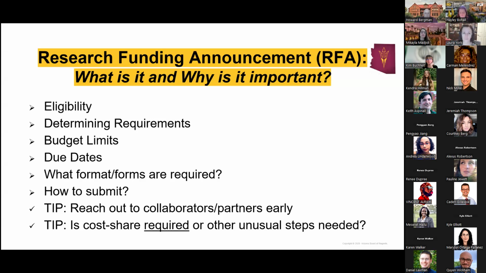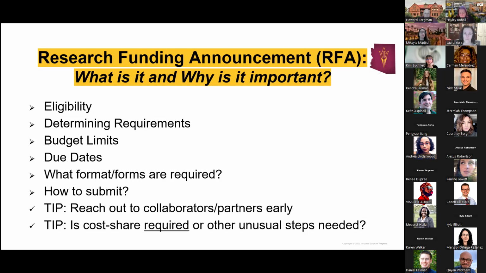So as you can see from our slide, a bit of the most important information you'll find on the RFA is regarding eligibility. Determining eligibility at the get-go is probably the most important part. So are we eligible as an institution? Does the proposed PI meet any eligibility criteria for who can serve as the head of your project?